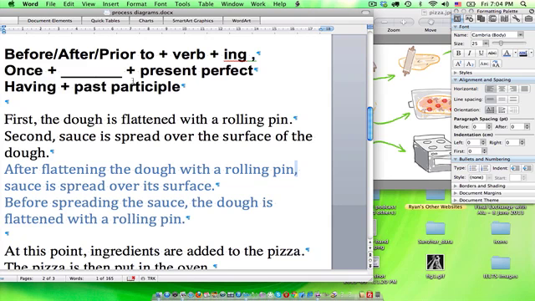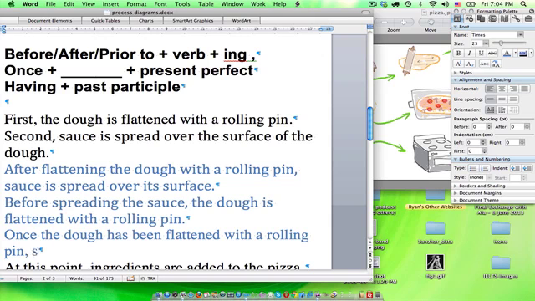So once, and then whatever the subject that you're talking about is, plus a present perfect version of your verb. So for example, once the dough has been flattened with a rolling pin, sauce is spread over its surface.